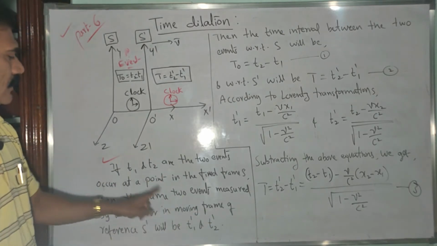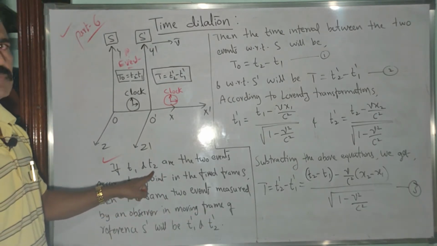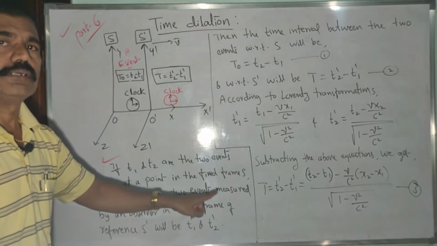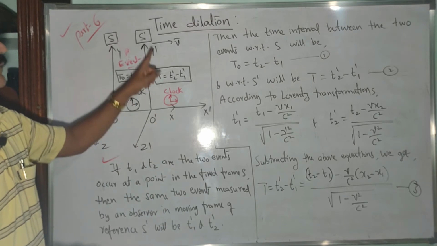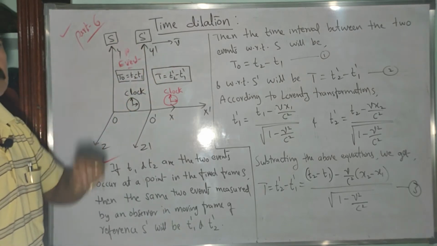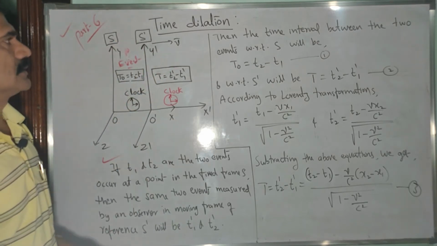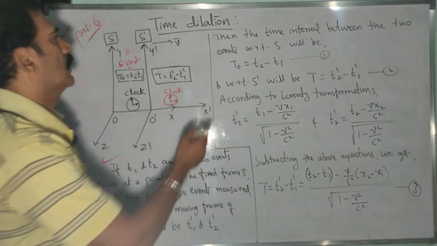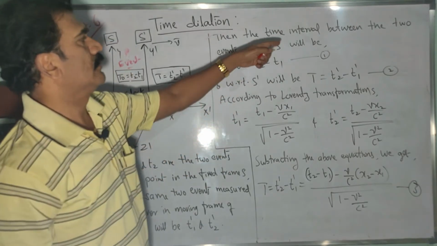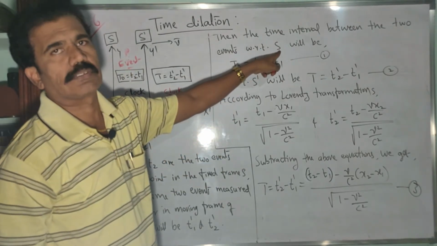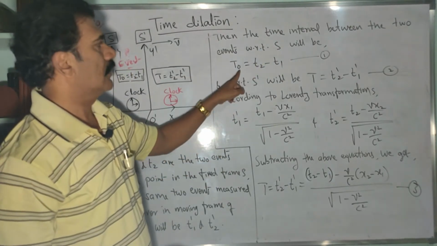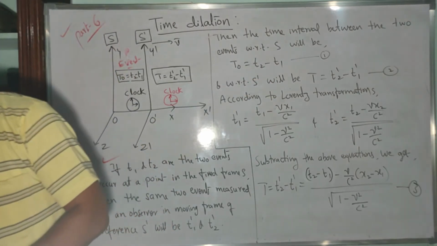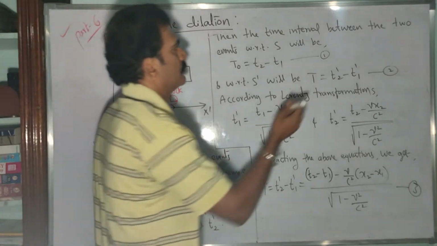Please note down that T1, T2 are the times measured by the frame of reference S, and T1 dash, T2 dash are the times of the same events measured by the observer in the moving frame of reference S dash. With this consideration, I will now calculate the time interval. Here I will write the time interval between the two events with respect to S first. That will be equal to T0, T2 minus T1. As I told, it is a proper time, correct? It is a proper time.